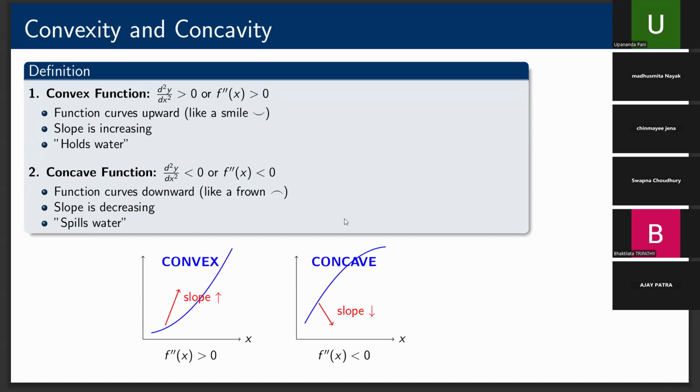Thank you, ma'am, for taking the session. We'll stop here, and we'll start from convexity and concavity. Tomorrow, ma'am, you can also add whatever you want that is not there in the slides. Not a problem.